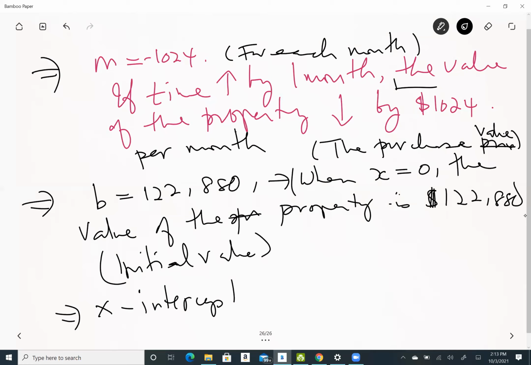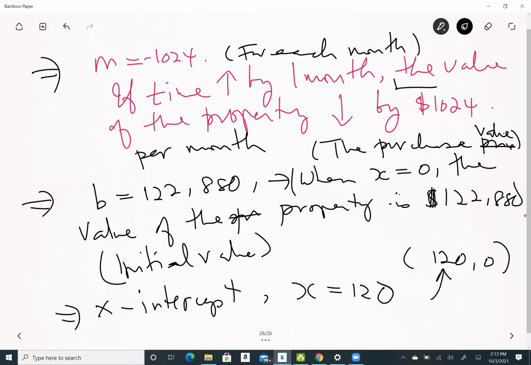What is the x-intercept? The x-intercept is 120. So the point is (120, 0). How do you describe that point or that value, x equal to 120? The value of the property is 0 when and after 120 months.